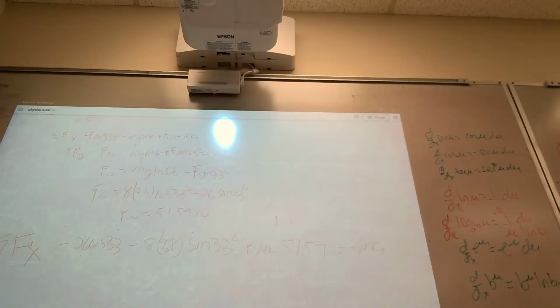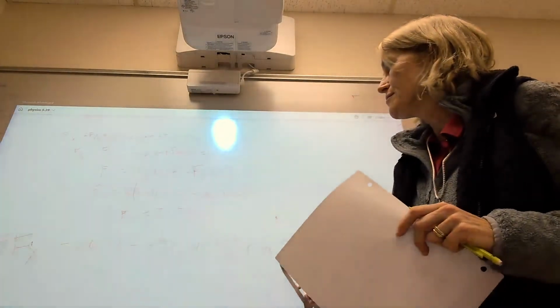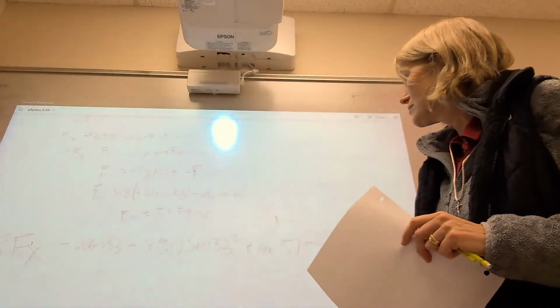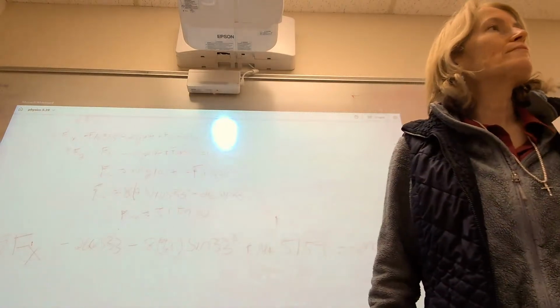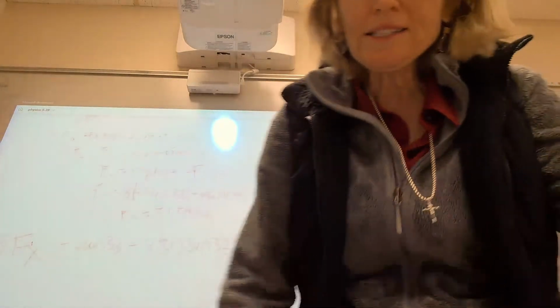Did you have a positive here? Well, yeah, I can change all my signs. Right, so I get 26 cosine 33 plus 8 times 9.8 sine 33 minus mu of k times 51.59 is equal to ma.